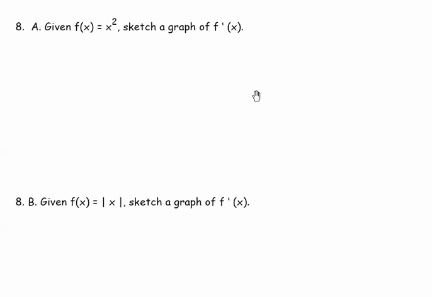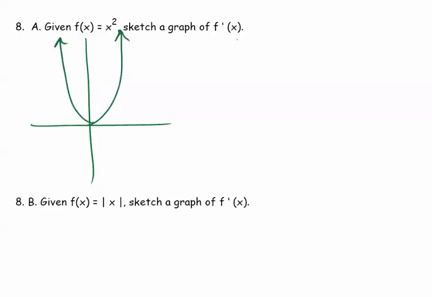All right, let's see. F of x. Here's our parabola function. F prime of x, we know by our power rule that f prime of x is 2x. So our derivative of this parabola is this straight line with a slope of 2.